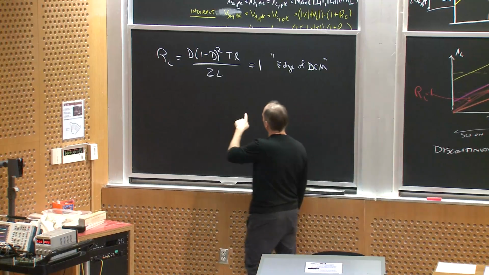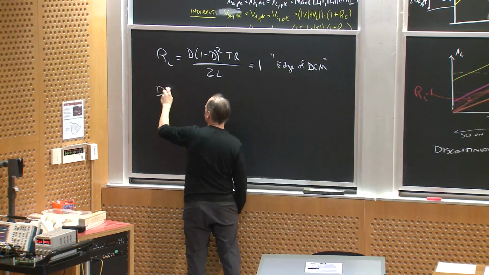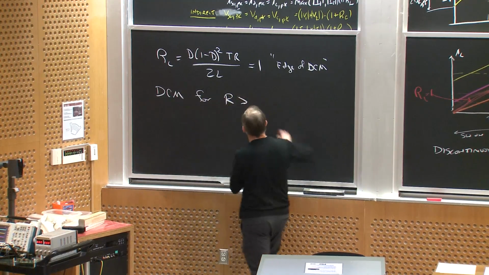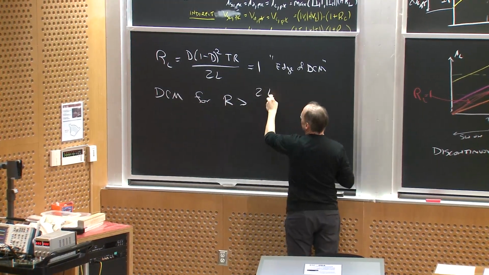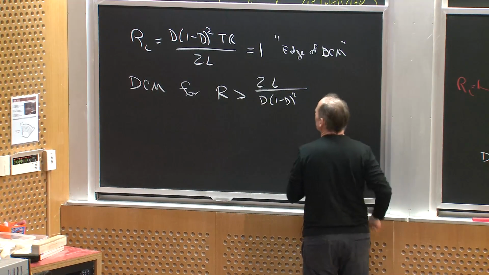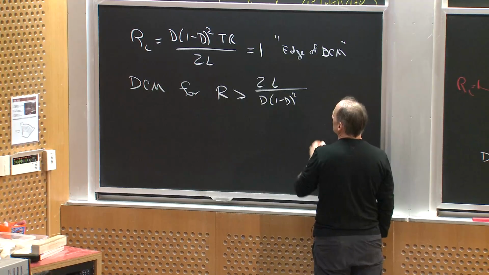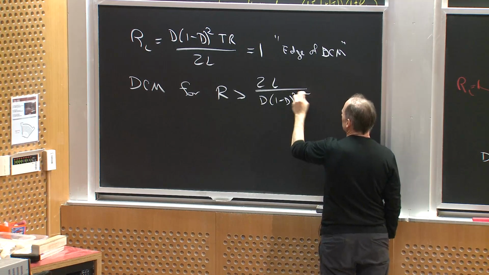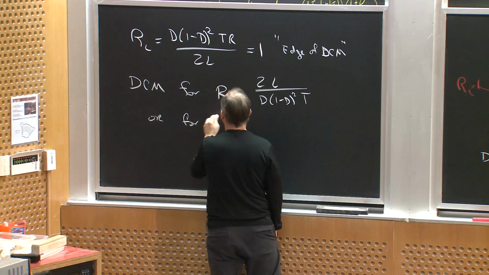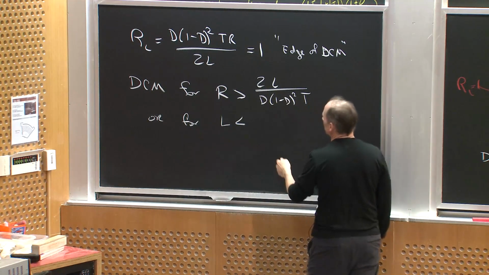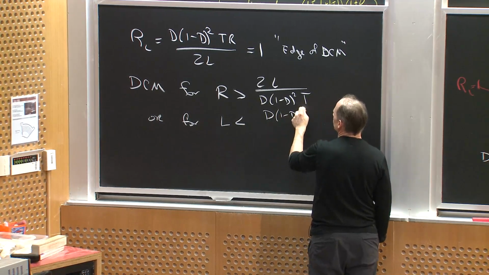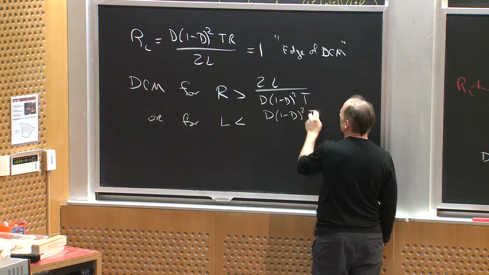So from this, we can say that DCM happens for R greater than 2L over D times (1 minus D) quantity squared T, or for L less than D times (1 minus D) squared T R over 2.